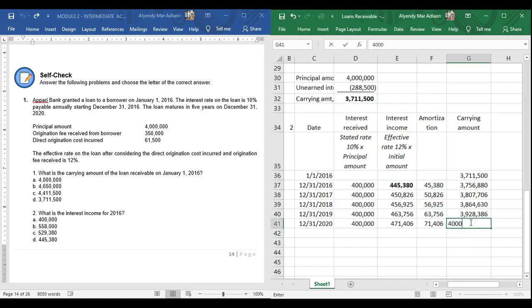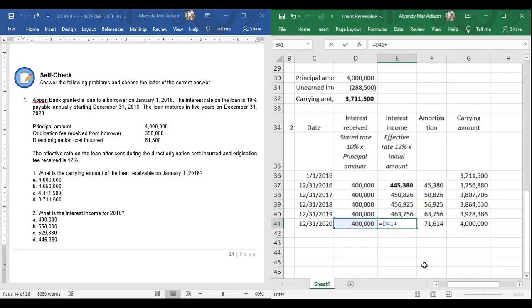So, to reach 4 million, just put there 4 million, and then the last year will adjust. So, to make it 4 million, how much should be amortized? 4 million minus 3,928,386, it should be only 71,614. So, how do we get the interest income? Interest received plus the amortization.